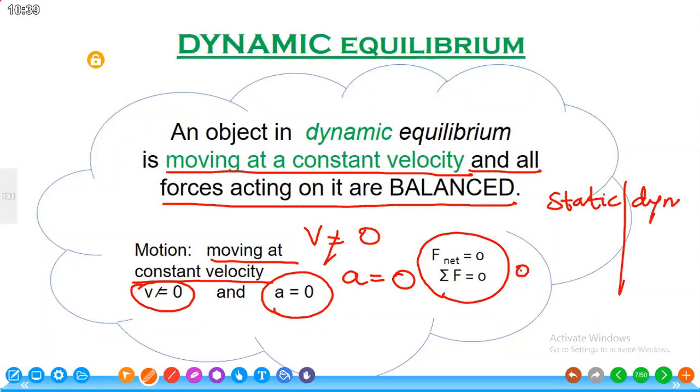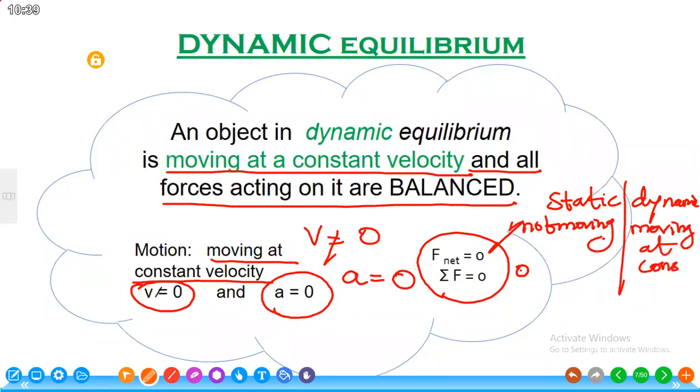So static equilibrium means a not moving object, and dynamic means moving at constant velocity. Note it, students, moving at constant.